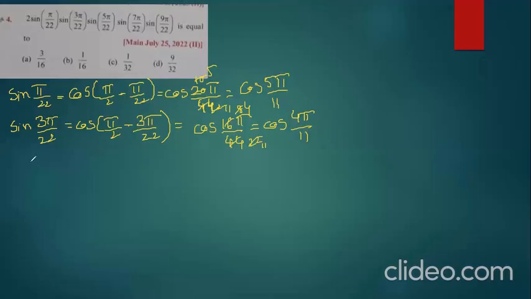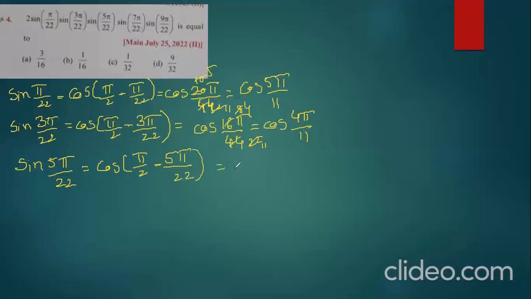Next, sine 5 pi by 22. How do we write this? Cos of pi by 2 minus 5 pi by 22.